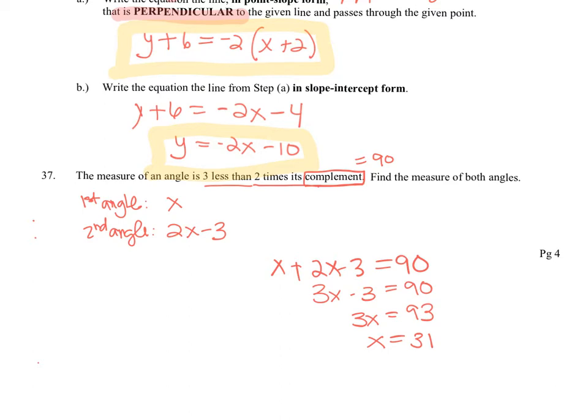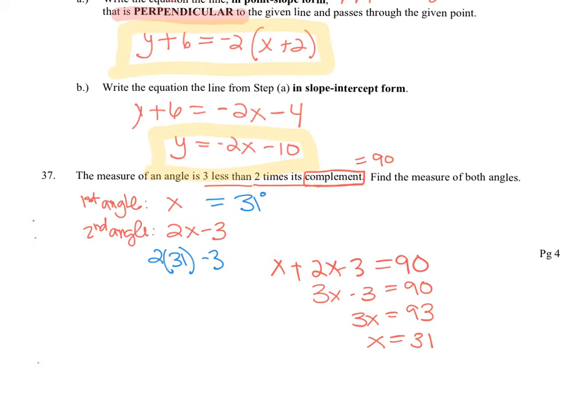That tells me my first angle is 31 degrees. And if I take 2 times 31 minus 3, I know it should equal 90.